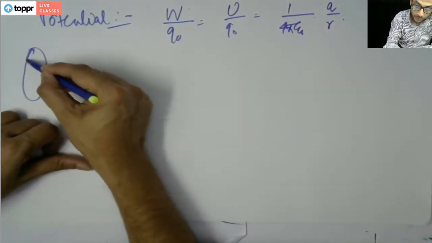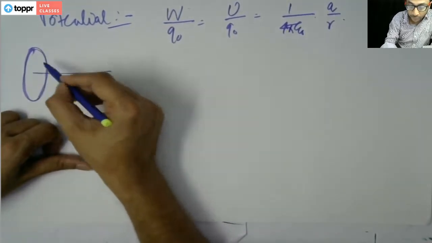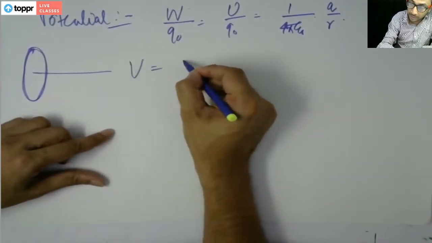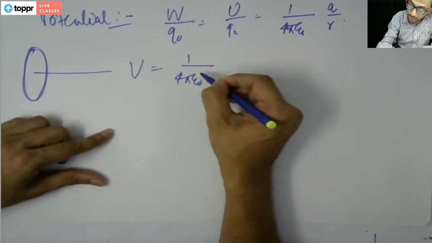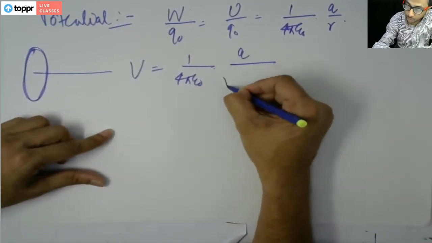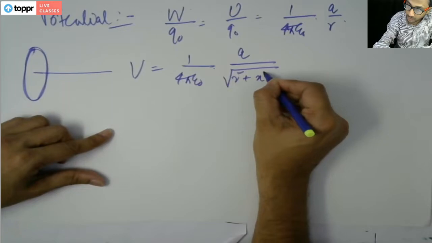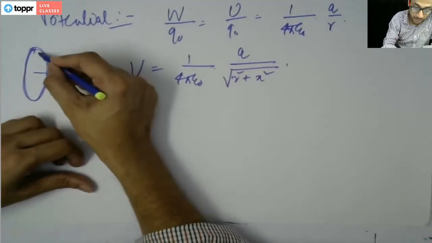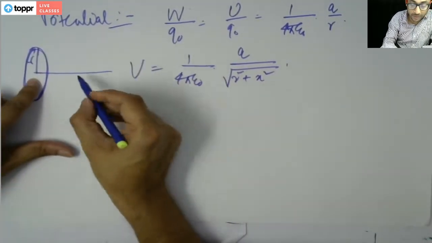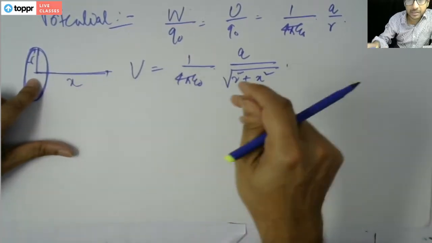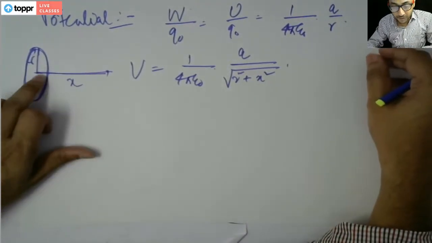You can deduce for a ring V becomes 1 by 4 pi epsilon 0 Q by root of R squared plus X squared, where R is the radius and X is the distance from the center.